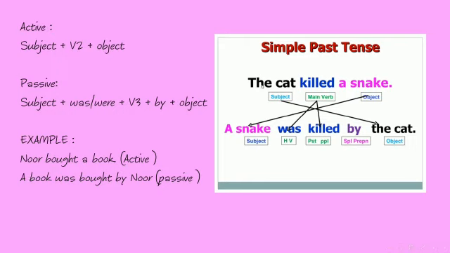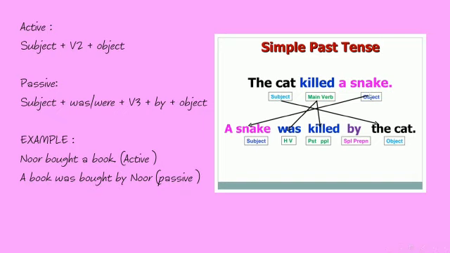Okay, and here another example. The cat killed a snake. A snake was killed by the cat. The cat here is the subject في جملة الactive, but here it is the object, أي أن الفاعل في جملة المبني للمعلوم أصبح هو المفعول به في جملة المبني للمجهول.